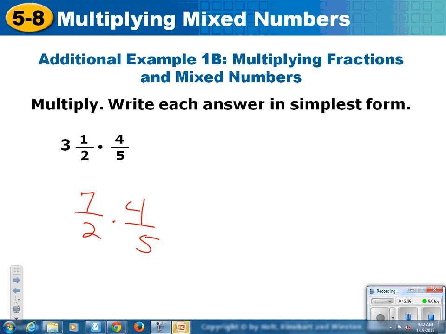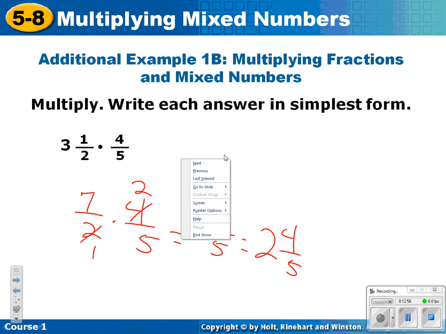It is 2. So I divide both of those numbers by 2. 4 divided by 2 is 2, so this becomes a 2. 2 divided by 2 is 1. That becomes a 1. Then I multiply. 14 over 5. I need to reduce that to 2 4/5. That's because it is easy.